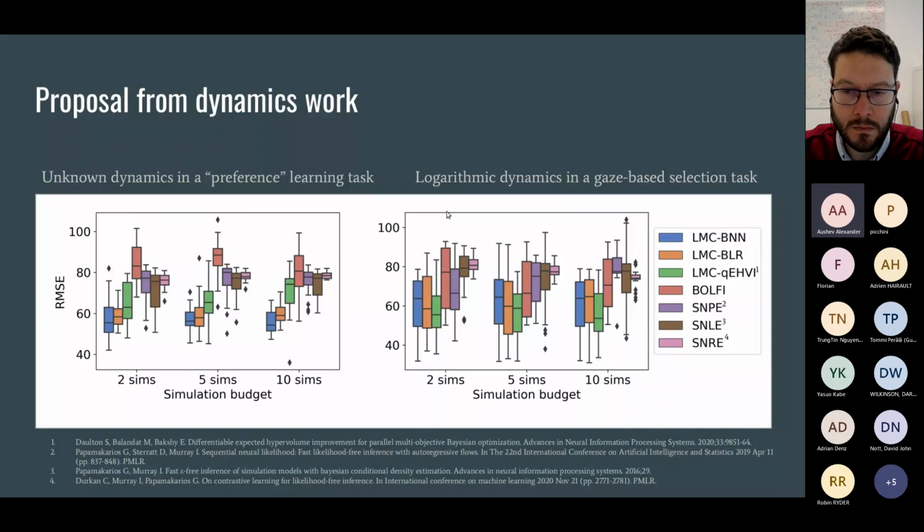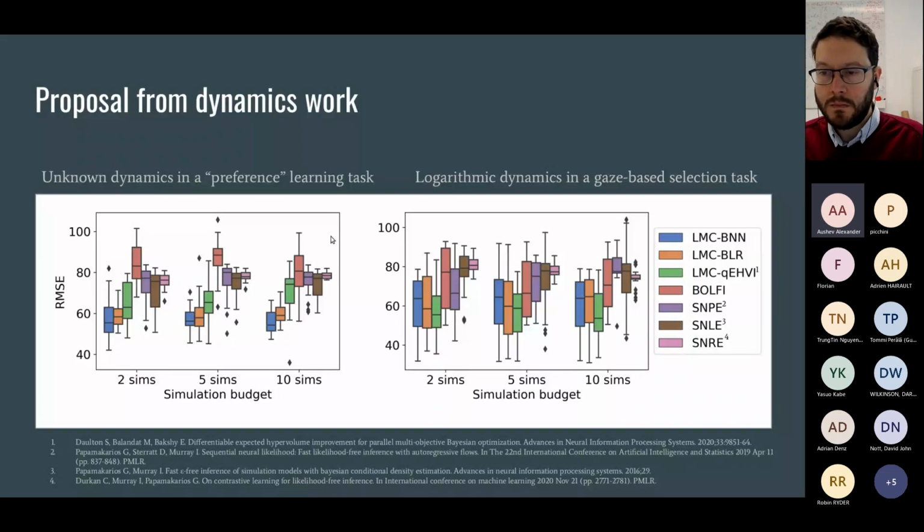We see that for the unknown dynamics, where the dynamics is very unexpected and doesn't follow some known functional form, there is a clear benefit of using a transition dynamics model.